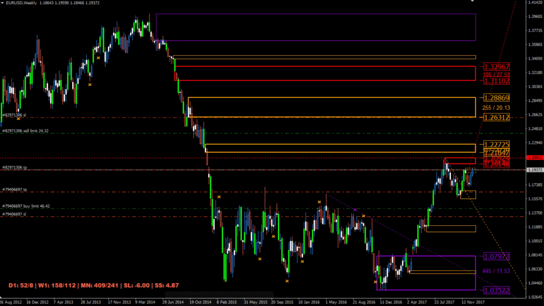But if you are short, so if you're selling, you're going to be earning almost $5 per standard lot per day. And so if you're holding big positions, it's a good idea to be short the euro American dollar. But if you're trading intraday shorter term, then you don't really have to care so much about the swap, because you'll probably be out of the position before the day turns.